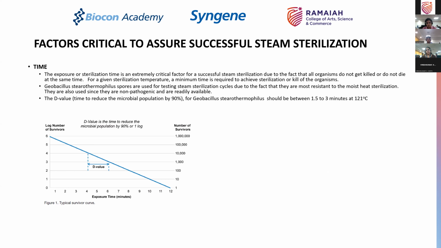So the time of exposure becomes very, very important, that for a given load, you have sufficient time so that you have a complete kill, or a kill rate of 10 to the power of minus 6, what we need to achieve.